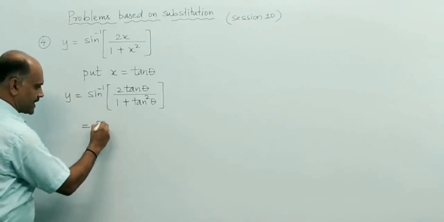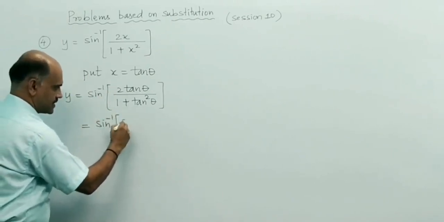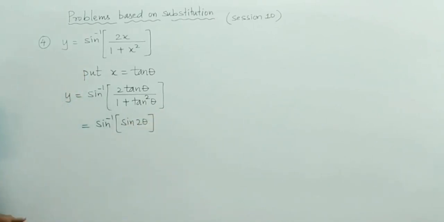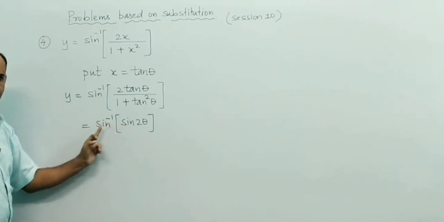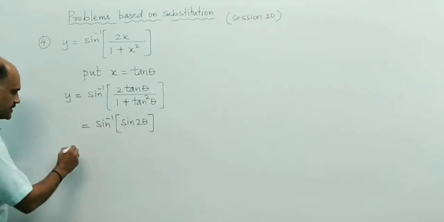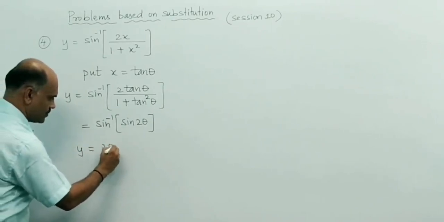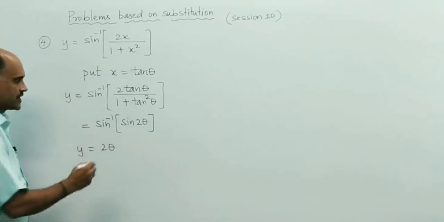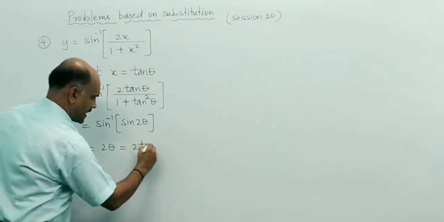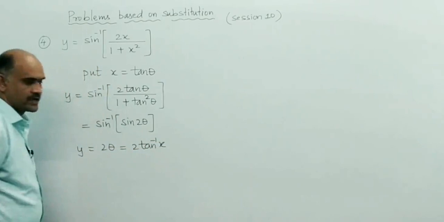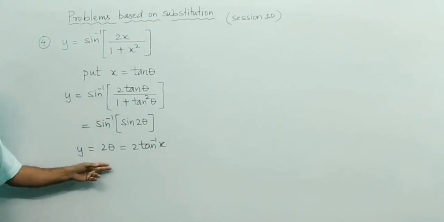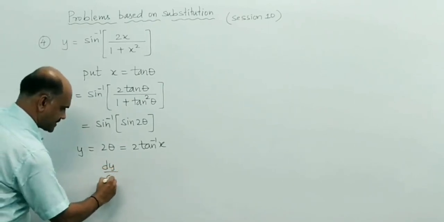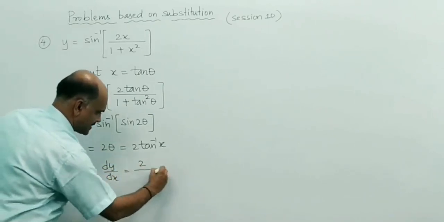So directly you can take sin inverse of sin 2 theta. Sin inverse and sin get cancelled. So you will have y is equal to 2 theta. Now substitute theta, so you will have 2 tan inverse x. Now you differentiate, you will have the answer. So dy by dx is equal to 2 as it is.